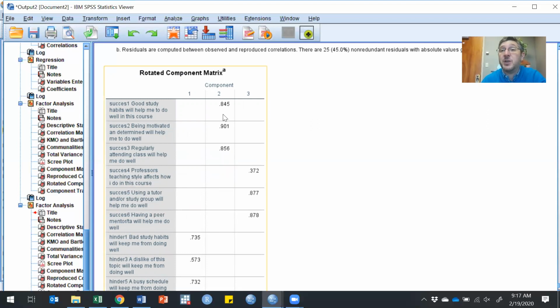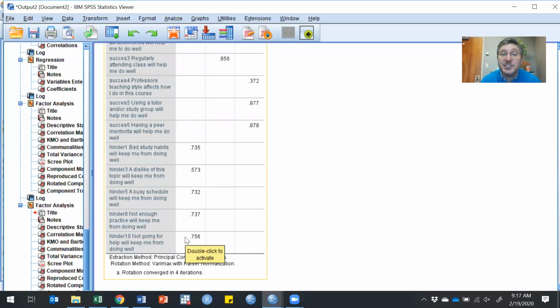You look at which variables are related to that component to think about what this component or underlying factor might be. And a lot of times beforehand, you designed your survey to measure certain constructs. So you want to be sure that the items you designed to measure, say, success hindrances are all measuring that.